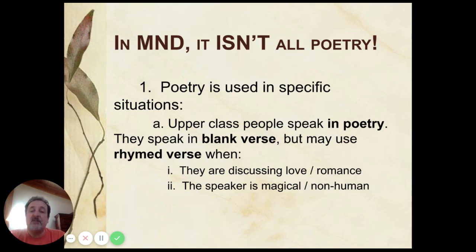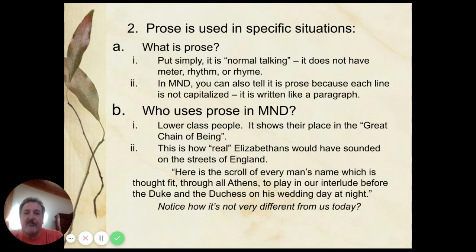Poetry is used in specific situations. Upper class people speak in poetry. They speak in blank verse and may use rhymed verse when they're discussing love or romance, or if it's a magical fairy creature, they almost always speak in verse. All right? So that's part of it.